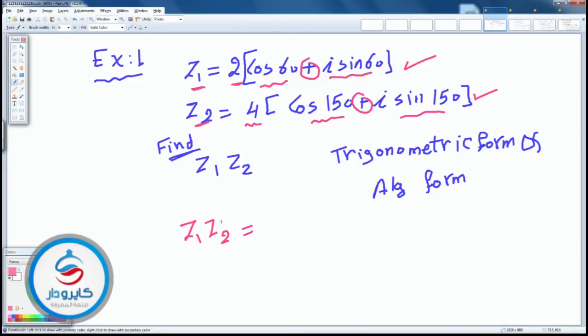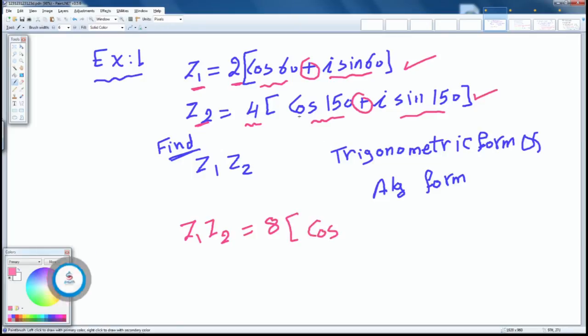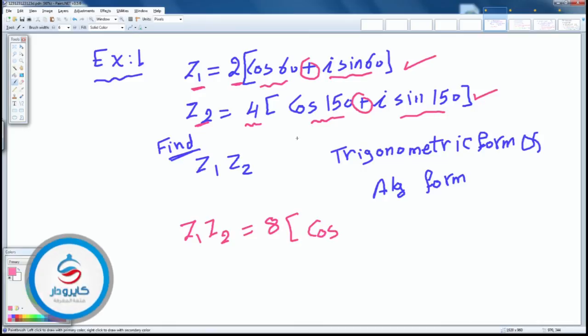So when we need to find Z1 times Z2, as we have discussed before, multiply both R1 and R2. So 2 times 4 equals 8, and cosine. Cosine what? What shall we do when we make the product of two complex numbers?